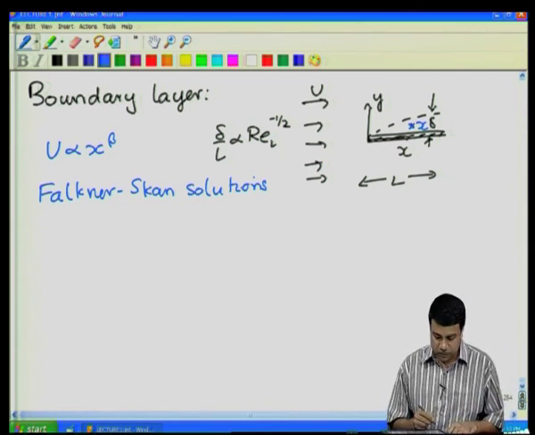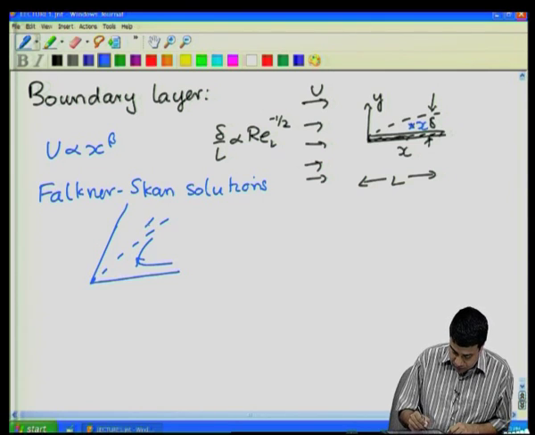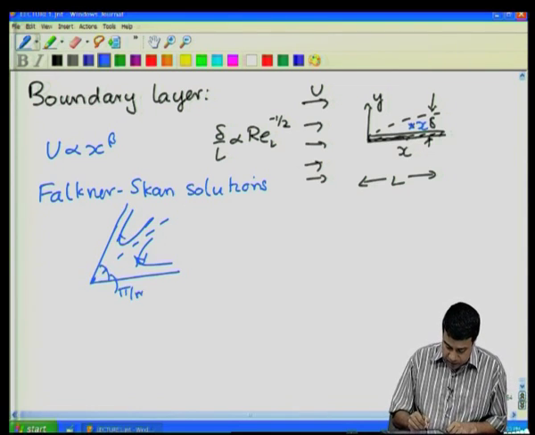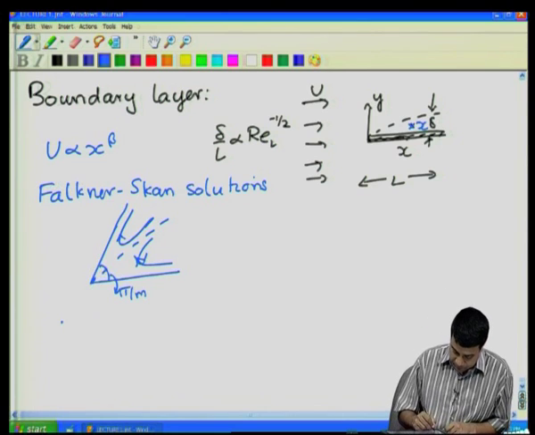This is a family of solutions for the potential flow in a corner, for the potential flow in a corner of angle pi by m, where beta is equal to m minus 1.